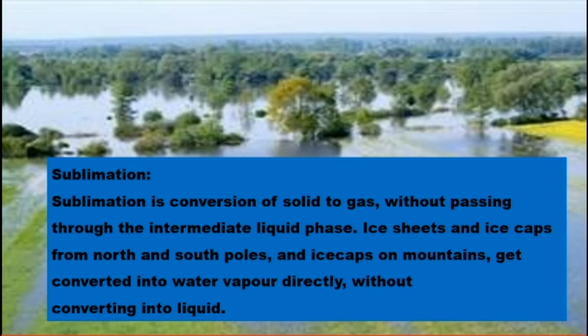It means the ice becomes gaseous. Sometimes when you take an ice bar, evaporation may occur, and we can see vapors around the ice cube. That is what we call sublimation.